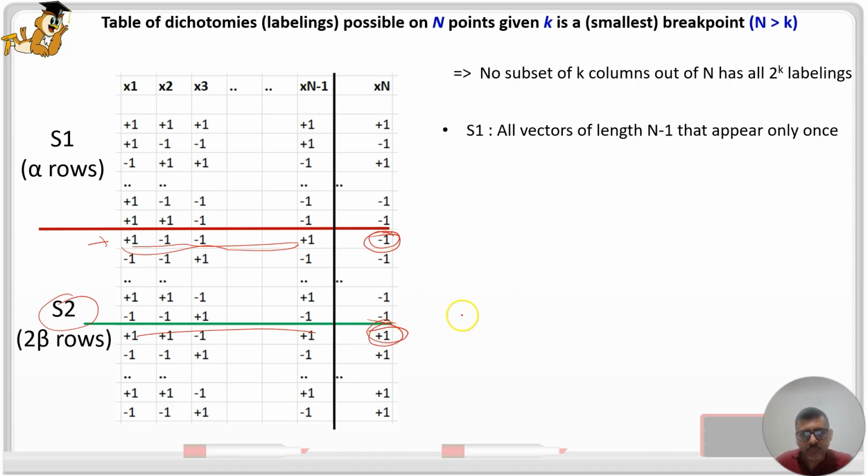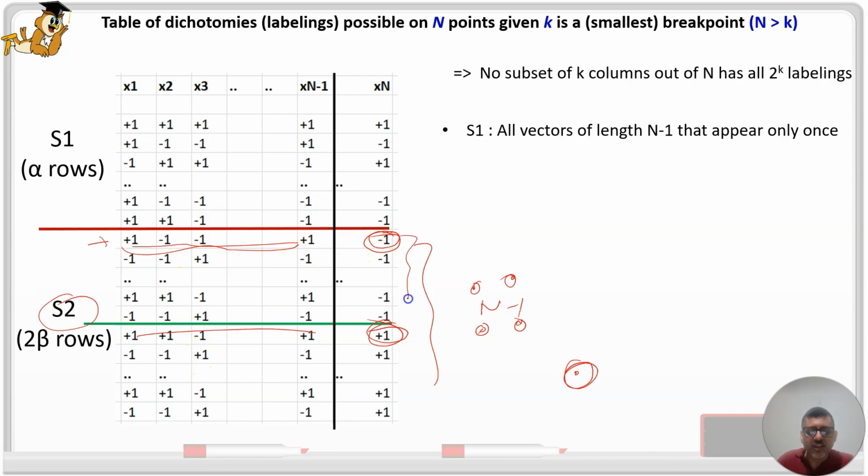So notice that this is the same as this, and xn is there as minus 1 and plus 1 as well. Going back to this diagram, these are the dichotomies where for a particular labeling of these n minus 1 points, both labelings of n are possible. Because both labelings of n are possible, I have divided it into two groups.